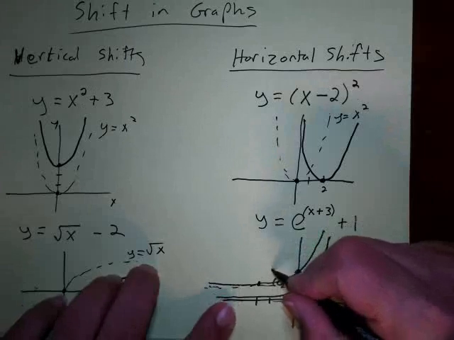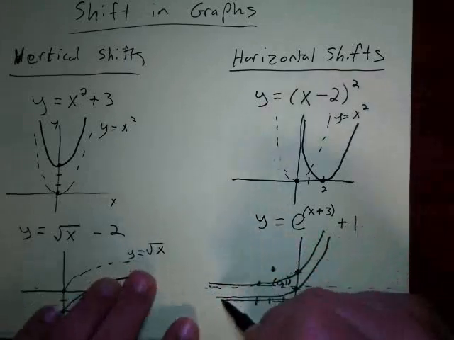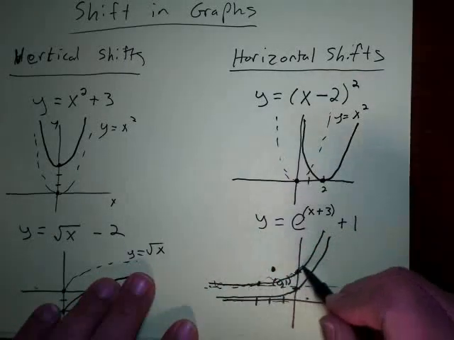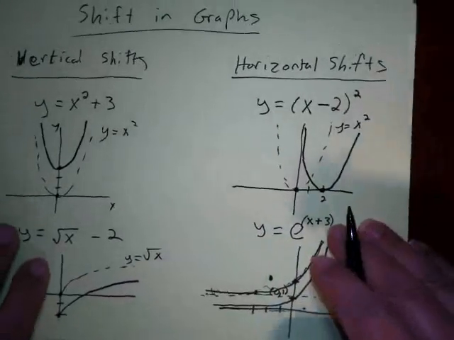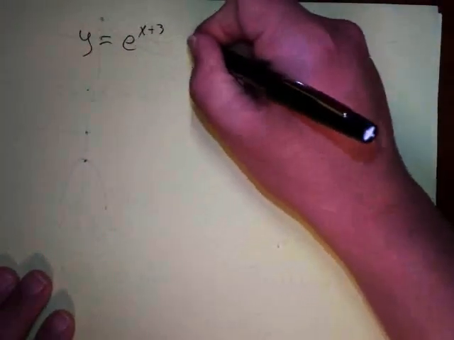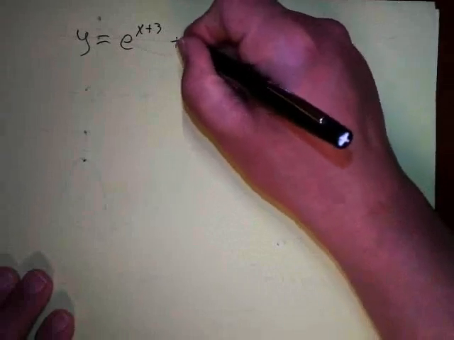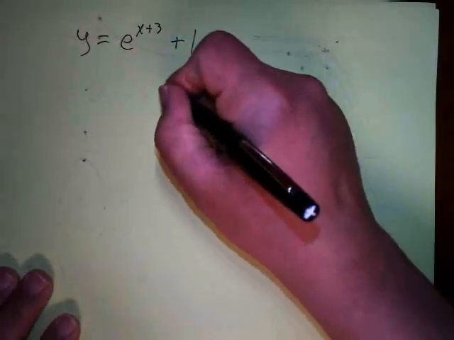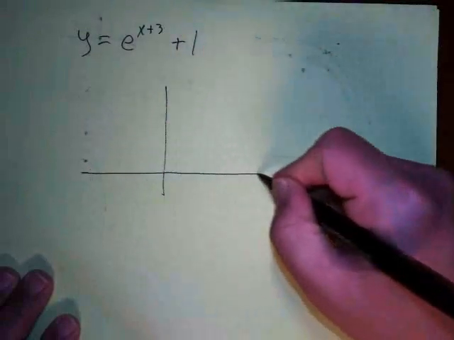So this should have gone right here. So this is not the right graph. Let me do it again on the back. Sorry about that. Good to know, even your teacher makes mistakes.